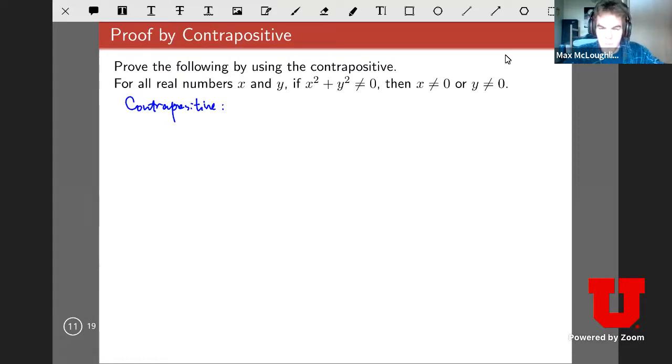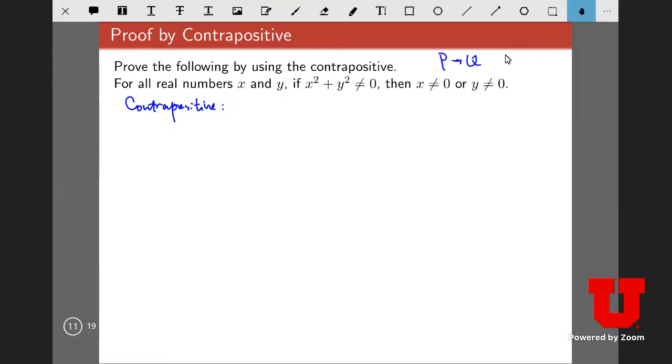No, that's the converse. What is the contrapositive? So if P implies Q, what is the contrapositive? Q and not P. We're not negating it.